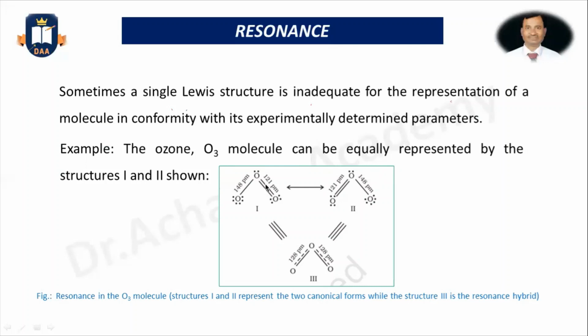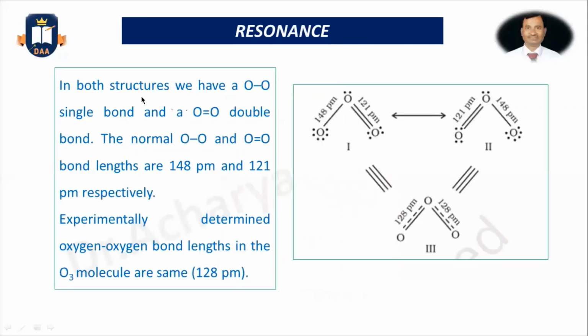In the left side Lewis structure the double bond is on one side, and in the right side Lewis structure the double bond is on the other side. So this ozone molecule, O3, can be represented by these two structures. In both structures, we have an oxygen-oxygen single bond as well as an oxygen-oxygen double bond.